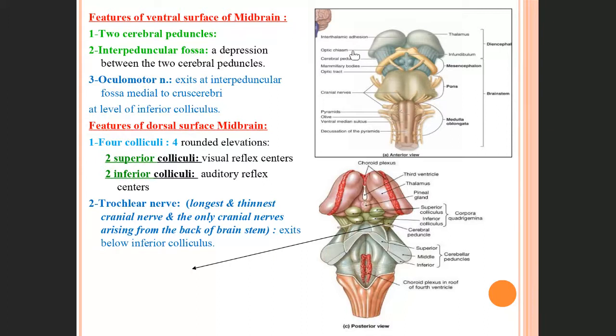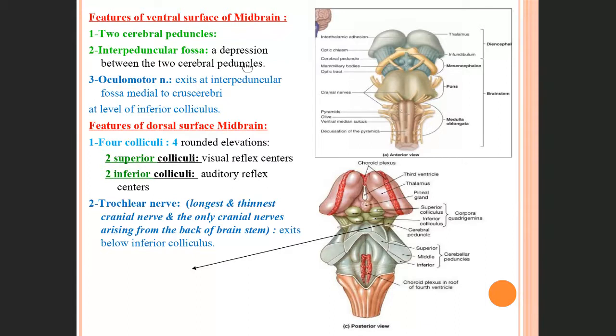These are the two cerebral peduncles. In between these two is the interpeduncular fossa. What is the interpeduncular fossa? It is a depression between the two cerebral peduncles.